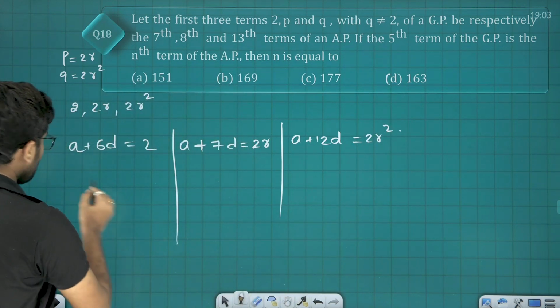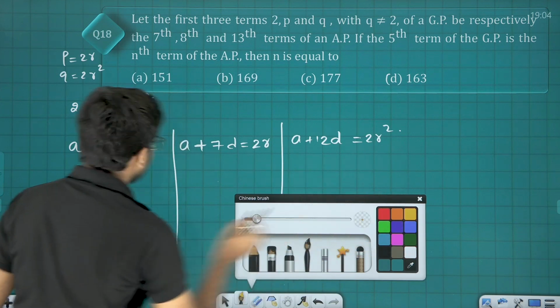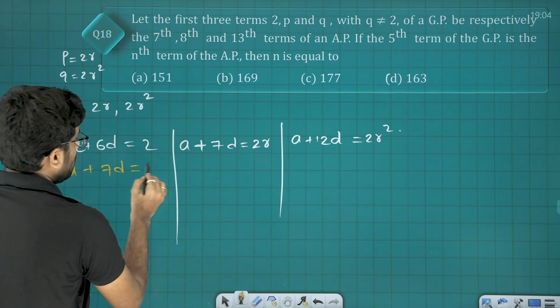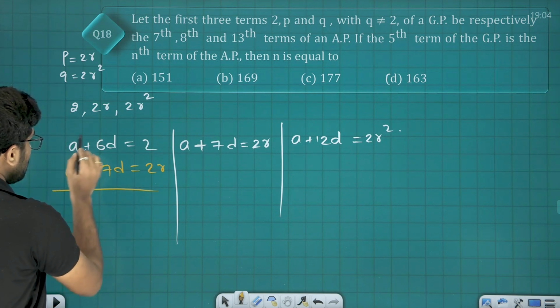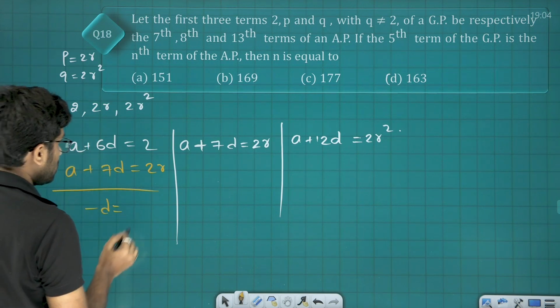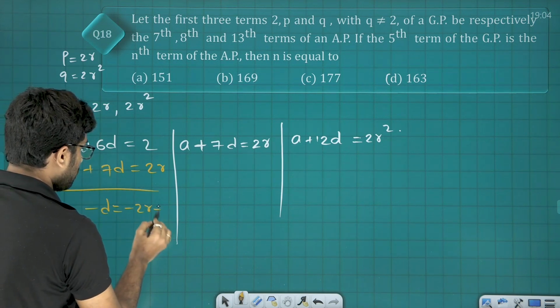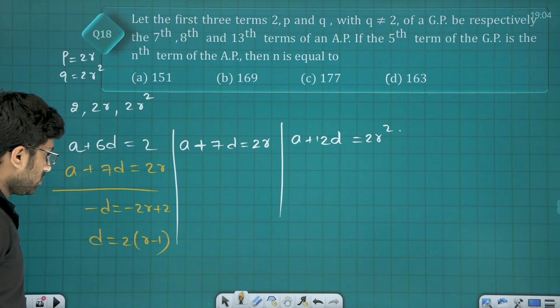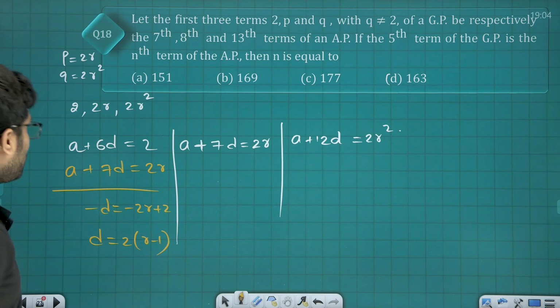Let's solve 1 and 2. So a plus 7d equals 2r. If you subtract, friends, then minus d equals minus 2r plus 2. So d equals 2 times r minus 1. Clear? d is 2 times r minus 1.